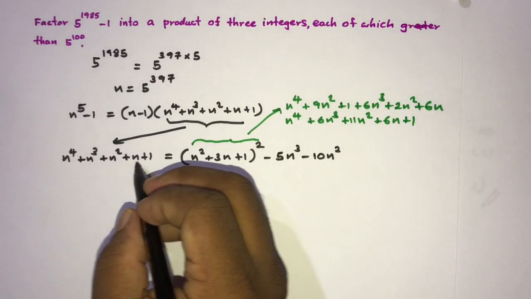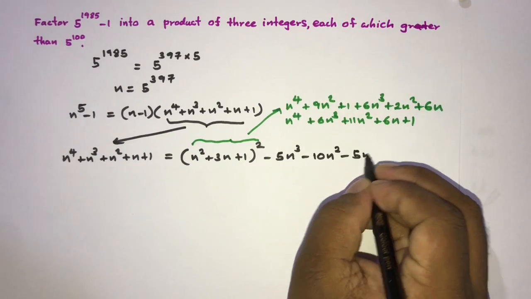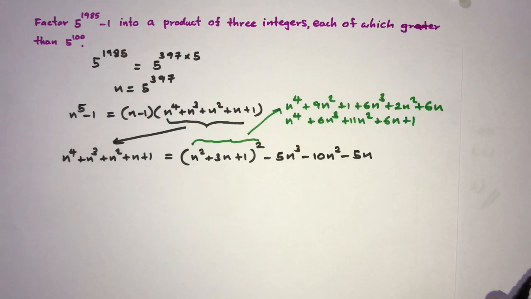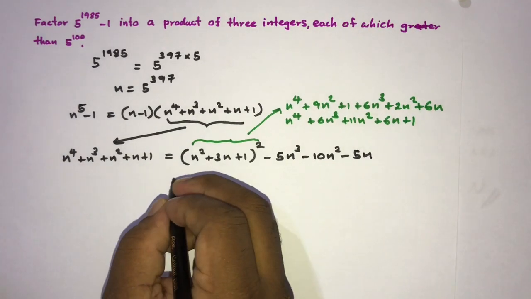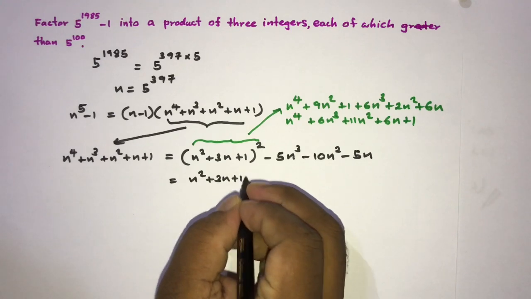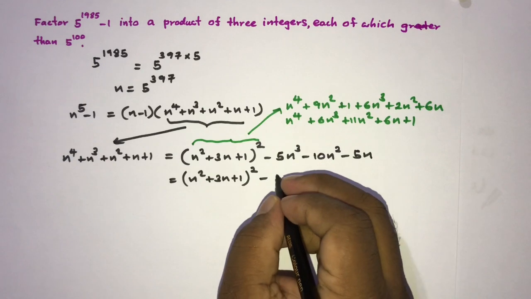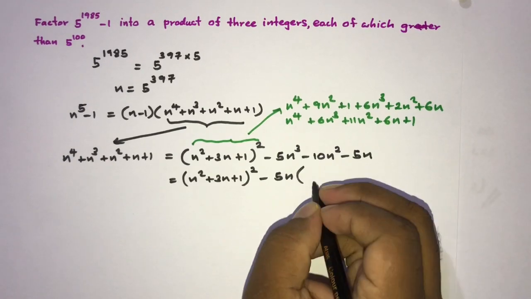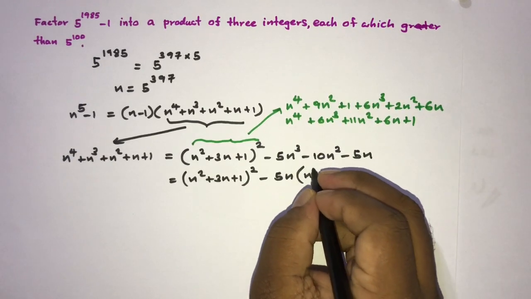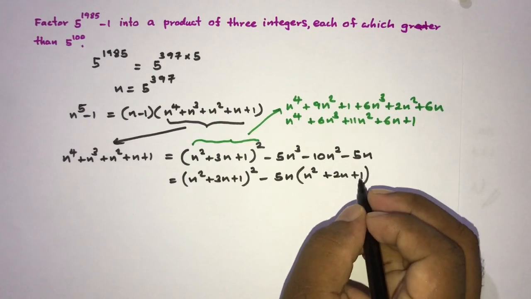And here we have 6 times n, so we should subtract 5 times n. Now we can take minus 5 times n as a common factor, so here n square plus 2 times n plus 1.